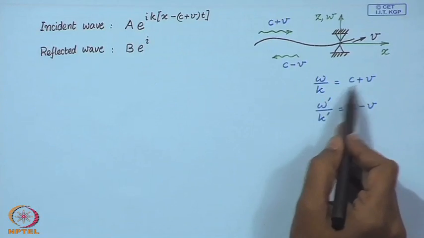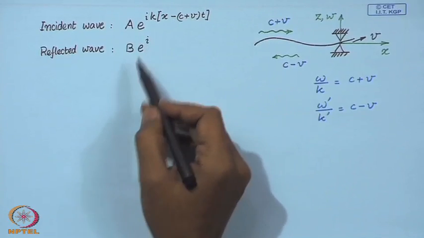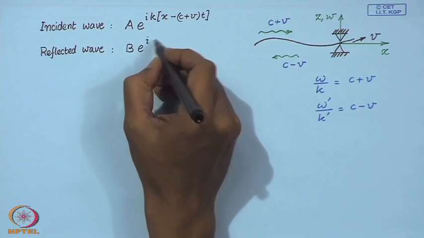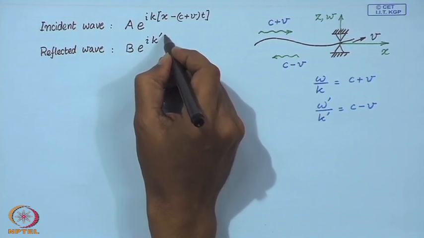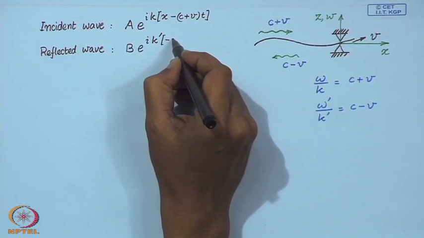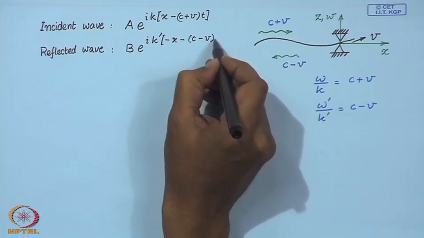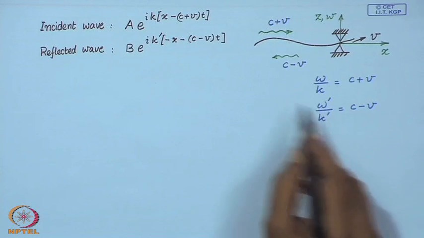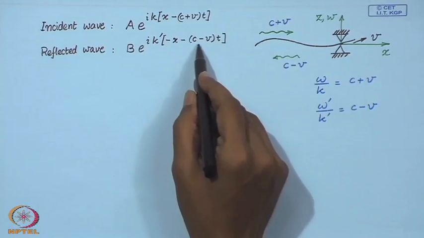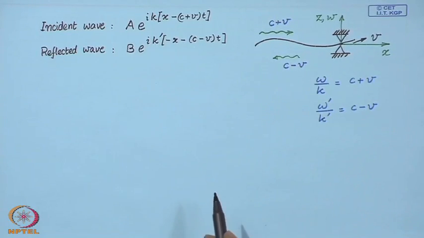So, omega I have replaced as c plus v into k. Now, the reflected wave can be represented like this, where I have replaced omega prime by c minus v times k prime, and k prime has been taken out common.